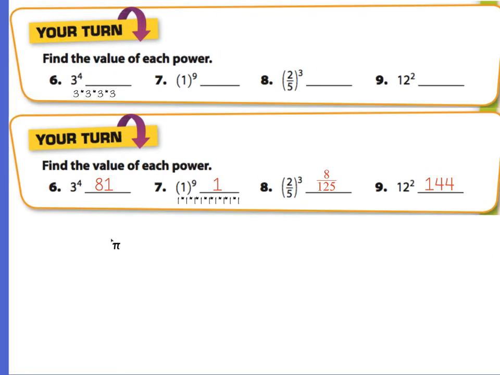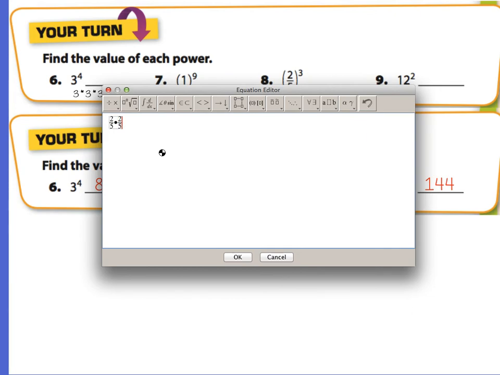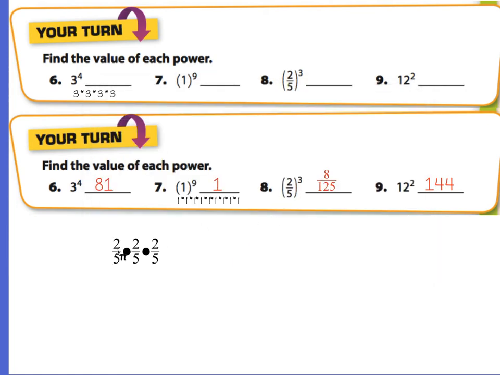Okay, here you have 2/5, so it'd have been 2/5 times 2/5 times 2/5. You probably get to write this one a lot faster than I did, though. And then when you do 2 times 2 times 2, you get 8, because 2 times 2 is 4, times 2 is 8. 5 times 5 is 25, times 5 is 125.